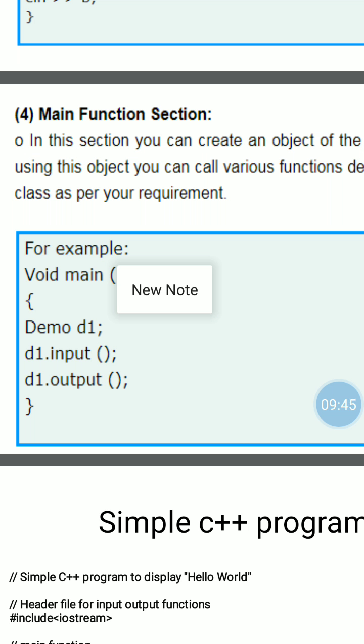This is the structure of a C++ program. First is header files. Second, your class declaration. Inside the class we declare data members, that is variables, and member functions.